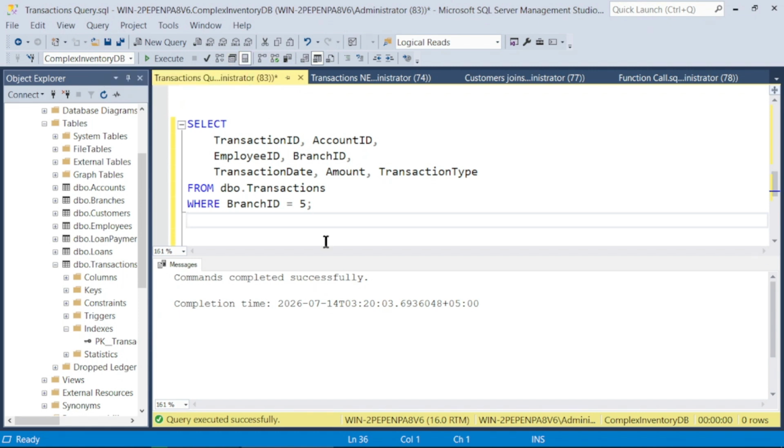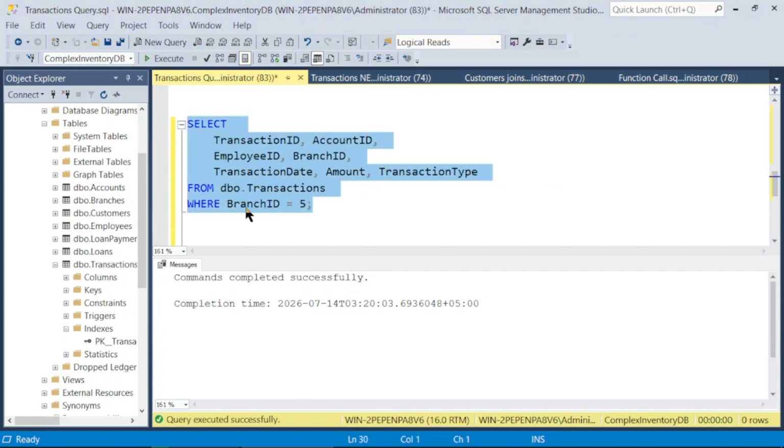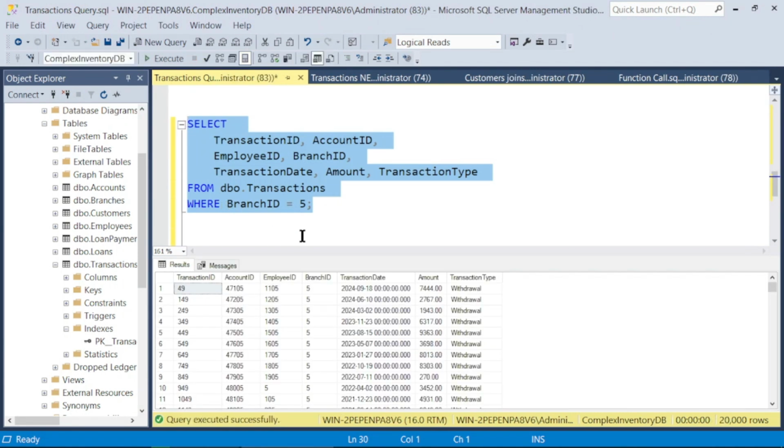Our query: the transaction table is one of many other tables in our inventory database, and we are querying just some of our columns like transaction ID, account ID, employee ID, branch ID, transaction date, amount, transaction type.